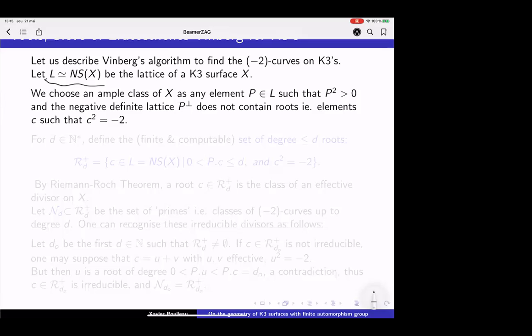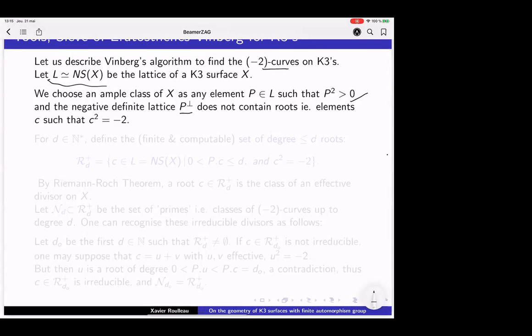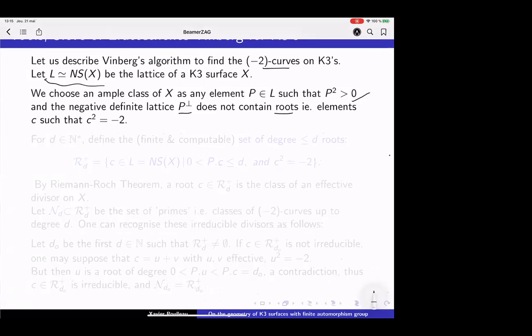It is the only thing you know at the beginning, and you want to construct all the -2 curves on your K3. So you start by choosing an ample class, an element which has positive square, and whose orthogonal complement does not contain roots. A root for me is a class with a square equal to -2.